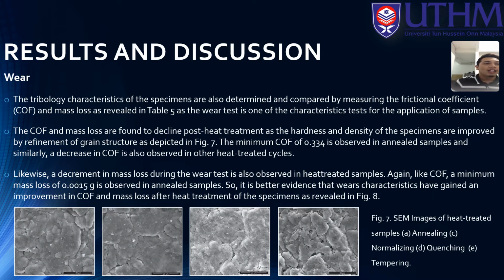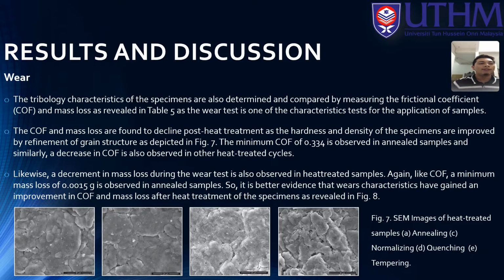The tribology characteristics of the specimens are also determined and compared by measuring the coefficient of friction (COF) and mass loss as revealed in Table 5, as the wear test is one of the characteristic tests for the application of samples.